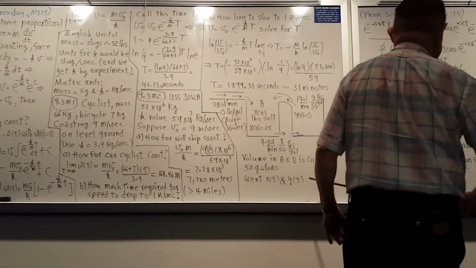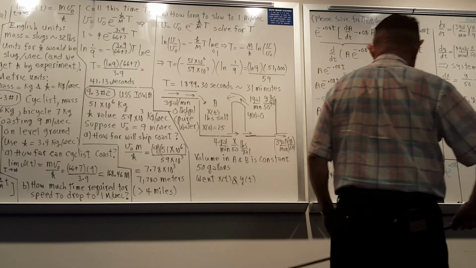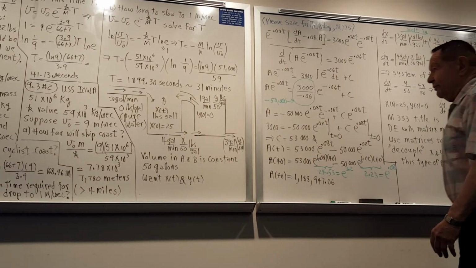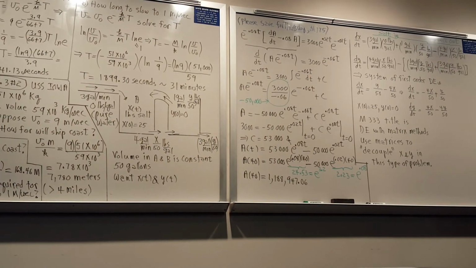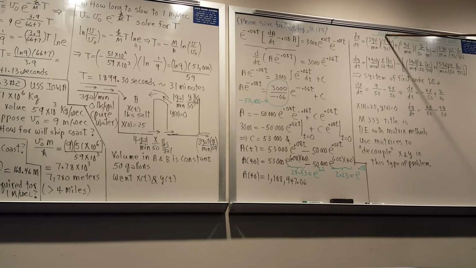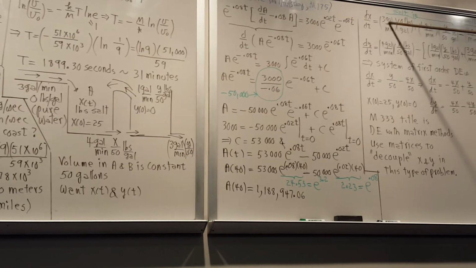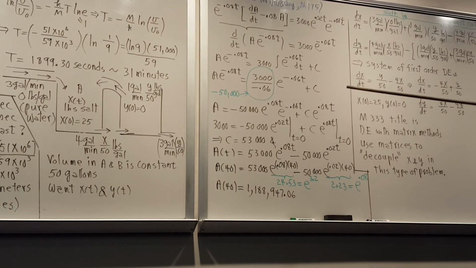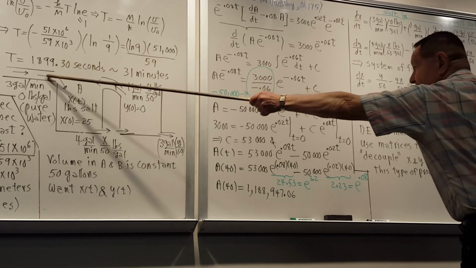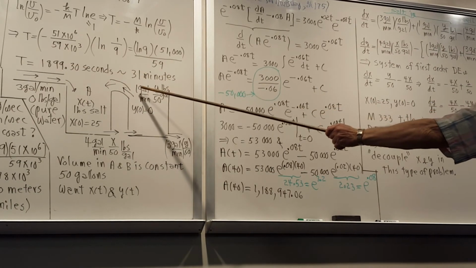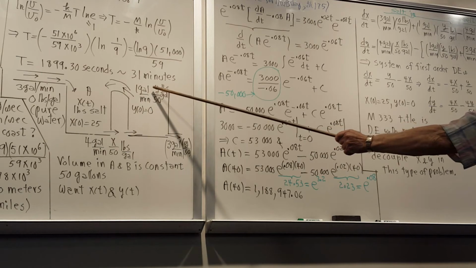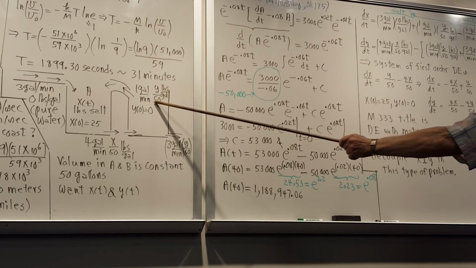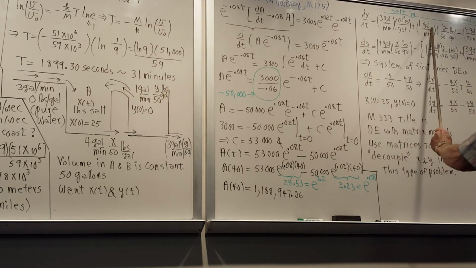Okay, so then we skip over to here, and the salt in, you see, is dx/dt: 3 gallons per minute, 0 pounds per gallon there, plus 1 gallon per minute, y pounds per gallon from there.